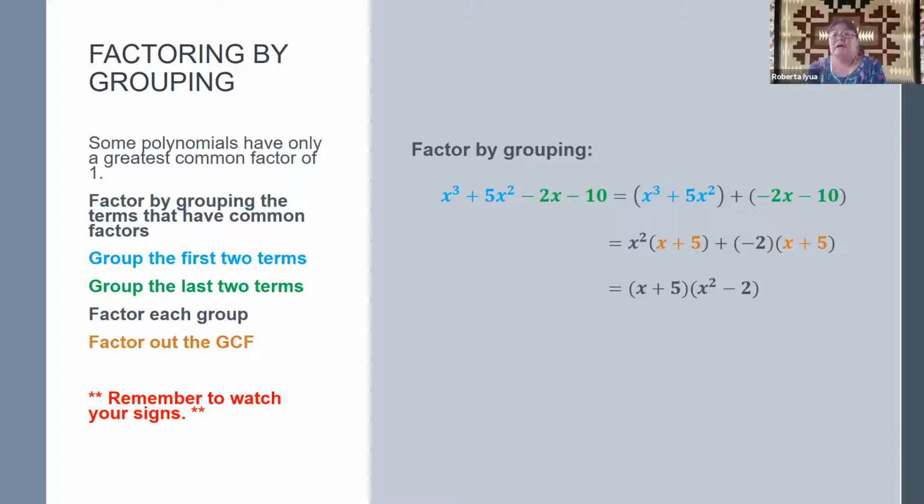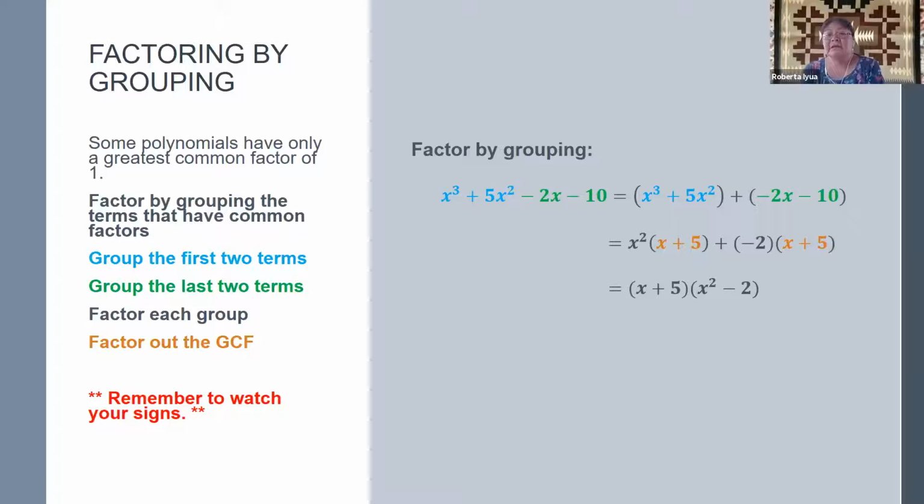Out of the first group, I did my greatest common factor, which was an x squared, got that out of there, put it out on the side, and what was left was x plus 5. And then the second group, I factored out a 2, which was my greatest common factor, and what was left behind was x plus 5.